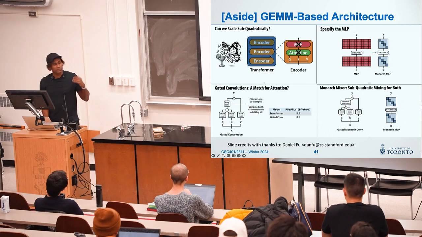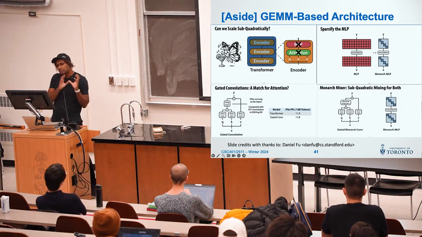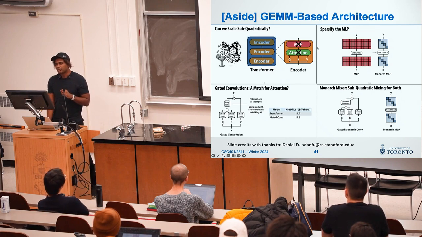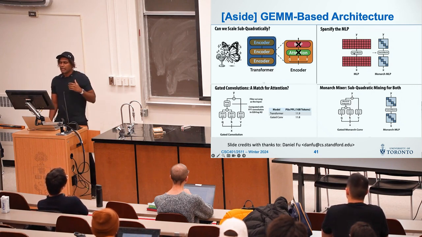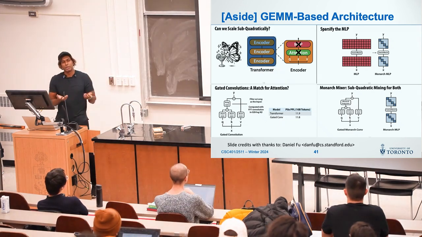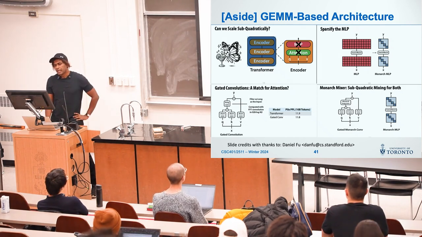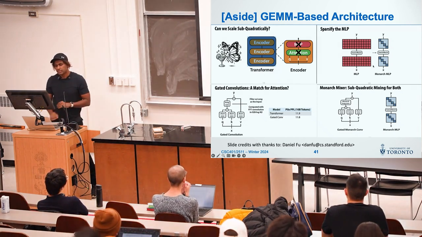But the idea is that if you look at the left, we're trying to get rid of this attention architecture. What we do is sparsify the MLP, and think of this as a way that is better for GPU computation. We're sparsifying the MLP and trying to work with diagonal matrices.